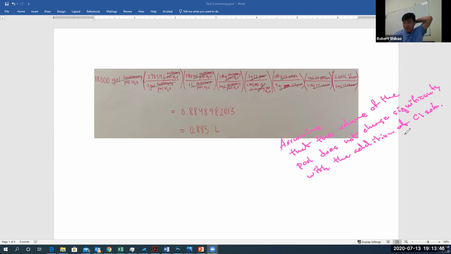All right, why did we have to make this assumption to solve it like this? The reason we had to do that is, let's say we came up with a calculation.